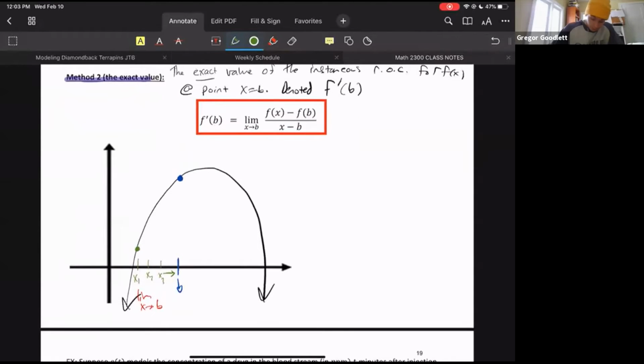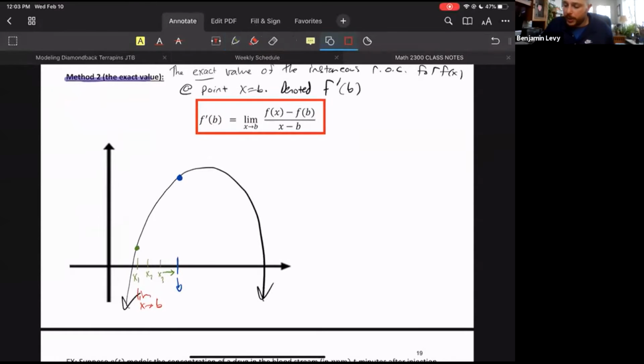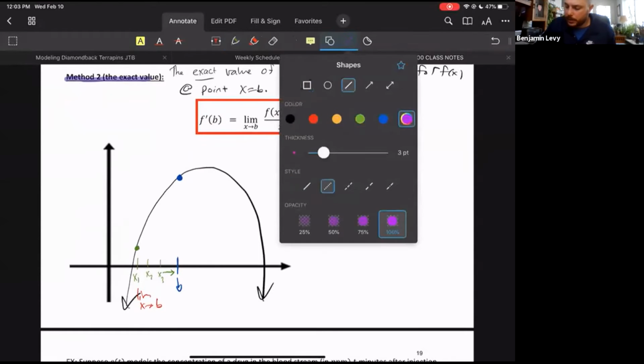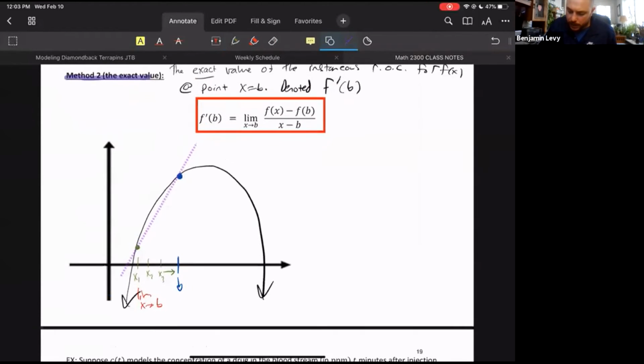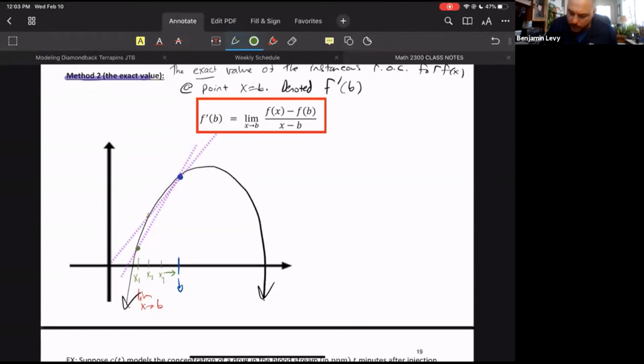Yeah, that's good. Right, so if x is far away from B, do this with these dotted lines here. It might be like connecting those two. And then as x gets closer and closer, the lines are just going to get closer and closer. Right, so this one might be like x2. Maybe x3 is right here.